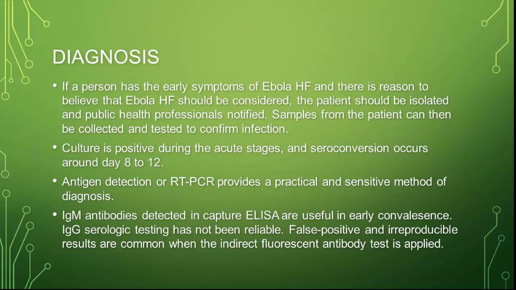Culture is positive during the acute stages, and seroconversion occurs around day 8 to 12. Antigen detection, or RT-PCR, provides a practical and sensitive method of diagnosis. IgM antibodies can be useful in early convalescence. IgG serologic testing is not as reliable because there are a lot of false positives.